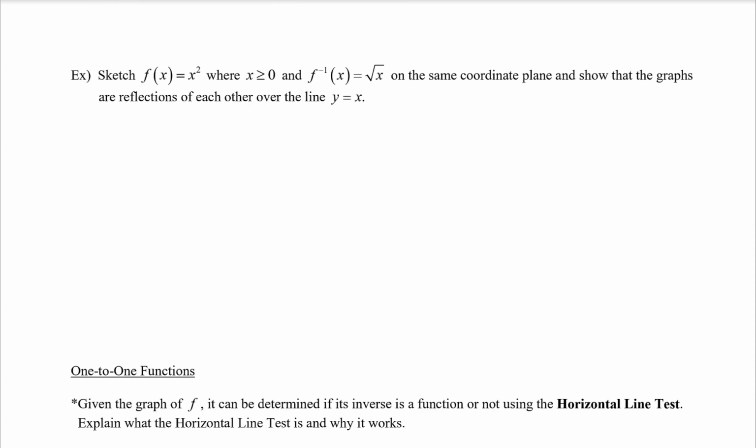Let's sketch y equals x squared where x can't be negative. I'll do that one in blue. So it's got a restricted domain. X can't be negative. Let's graph it.